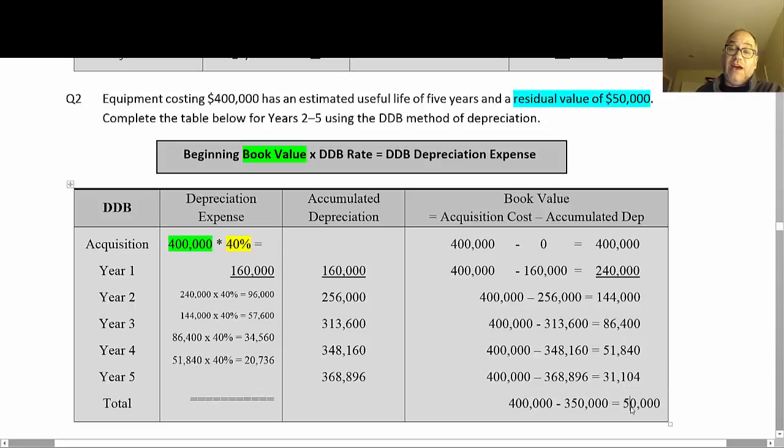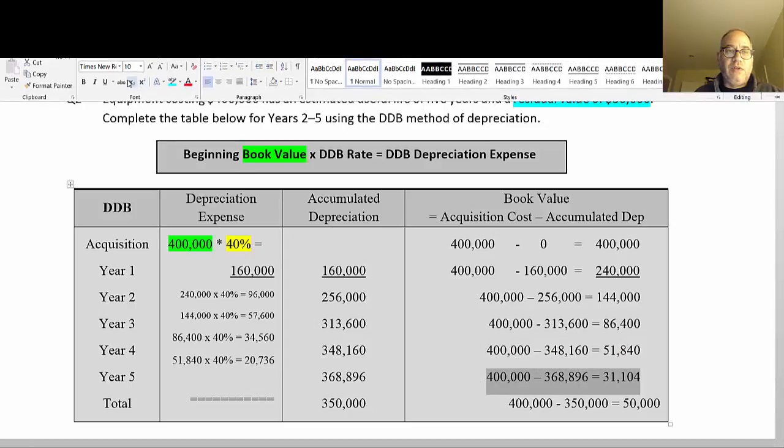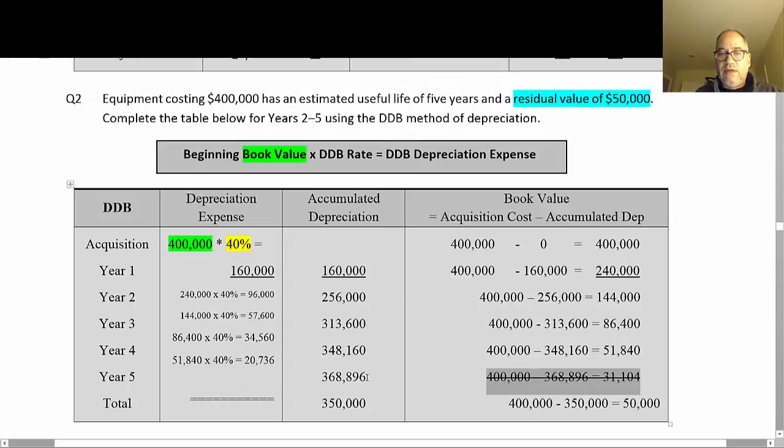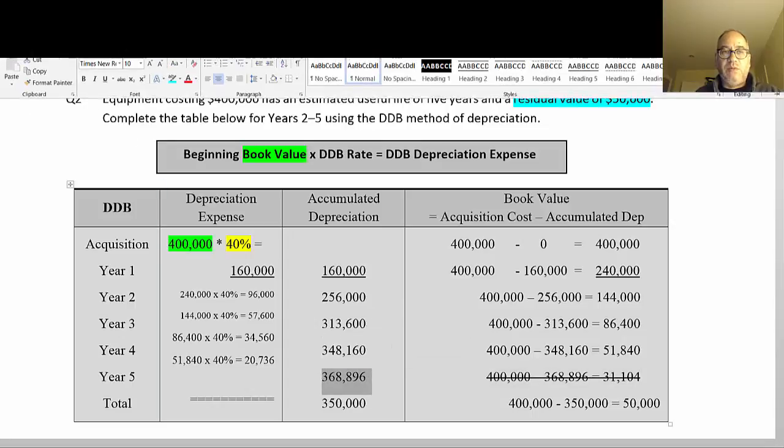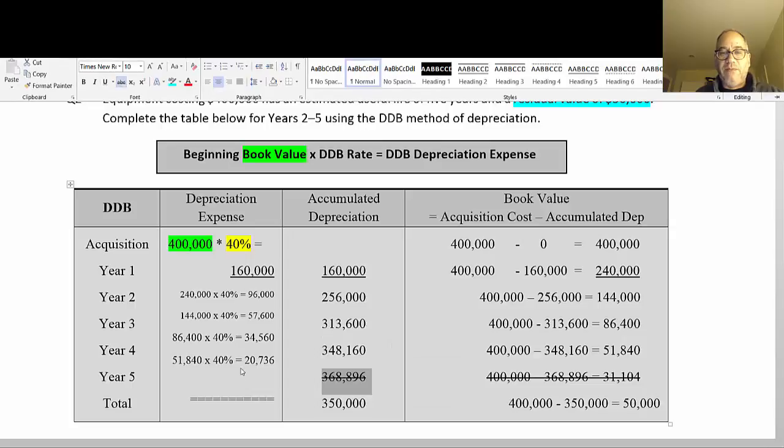My book value would be 50,000, so my accumulated depreciation must be 350,000. And therefore, the depreciation in year 5 should be equal to the difference between the old book value of 51,840 and the new book value of $50,000. I don't want to do it the other way because it would bring me to a book value that's below the residual value.